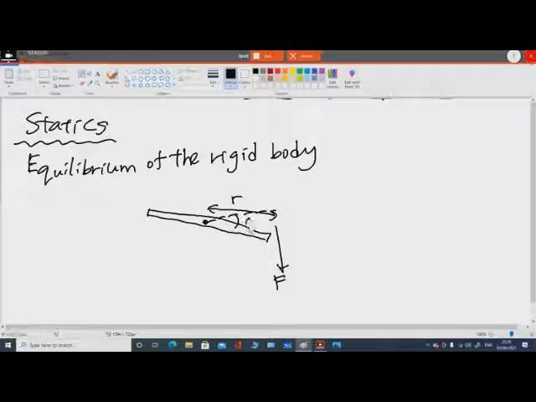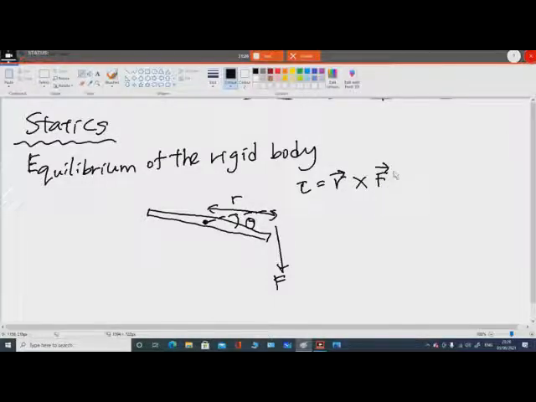So this is theta. Based on this diagram, we can define the definition for the torque by saying that torque is actually the cross product between the distance, the direction of the distance of the plank, and the force acting on the plank.